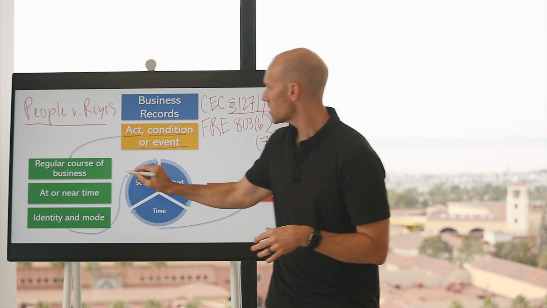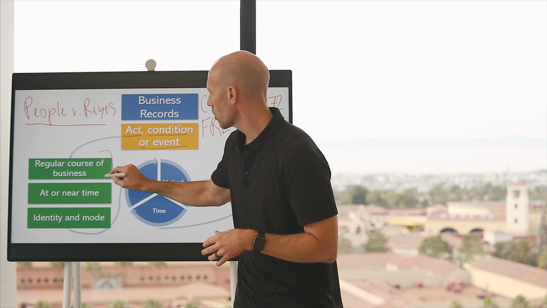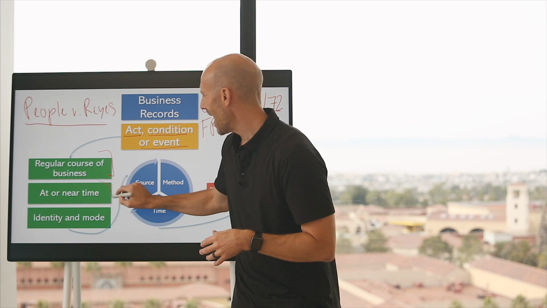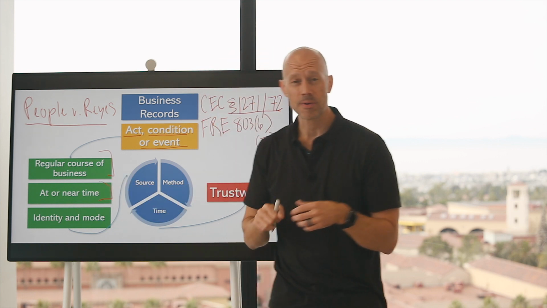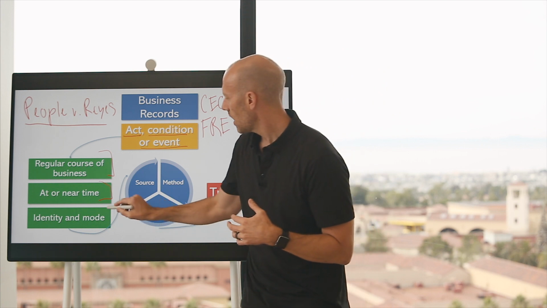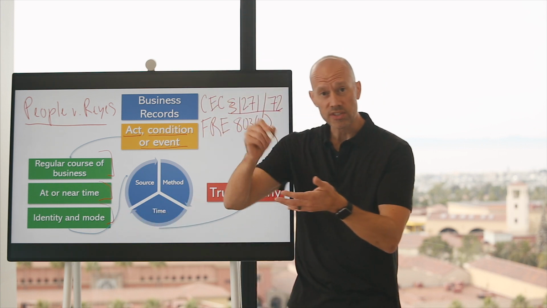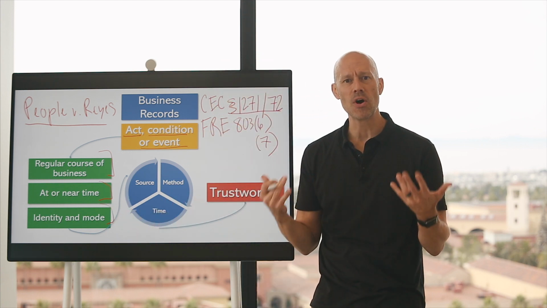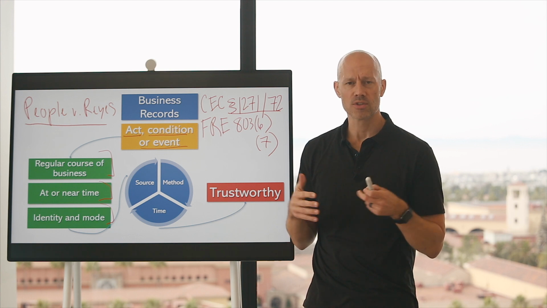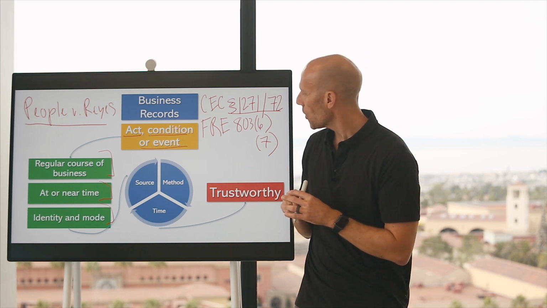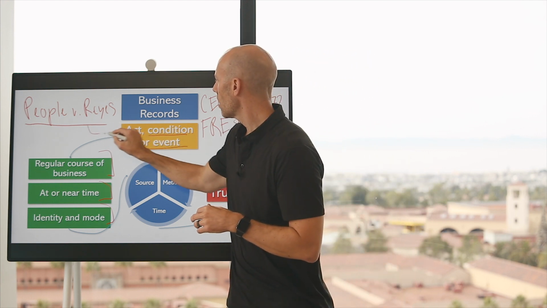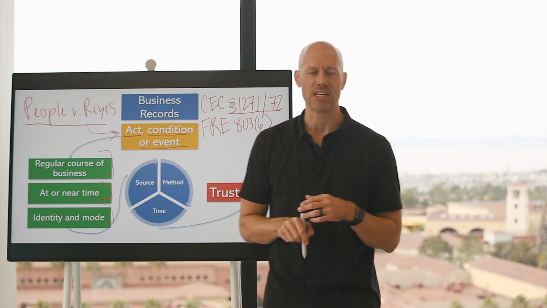All of these notes were made in the regular course of business. They were made at the time the therapist met with this patient, in real time, so the identity and mode of preparation was all legitimate. The problem is that the records offered opinion evidence.